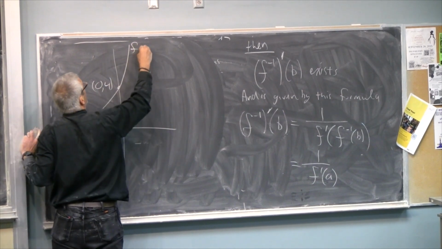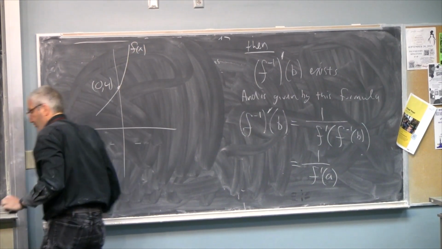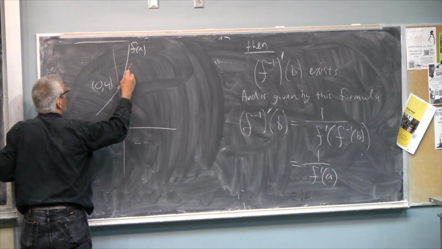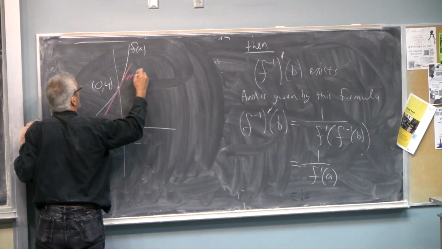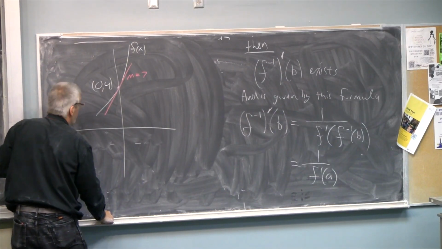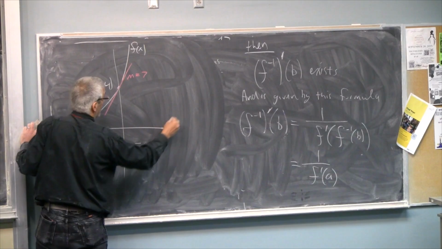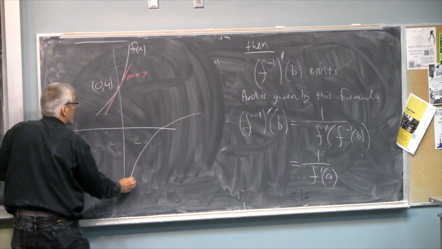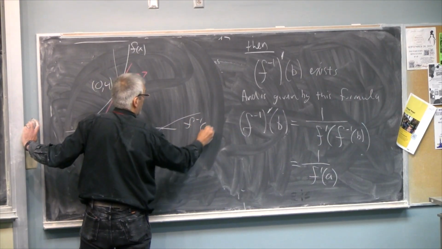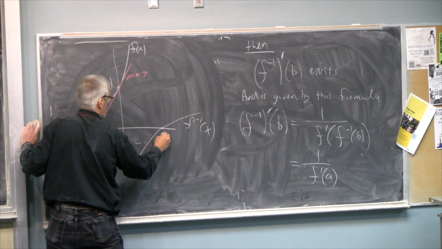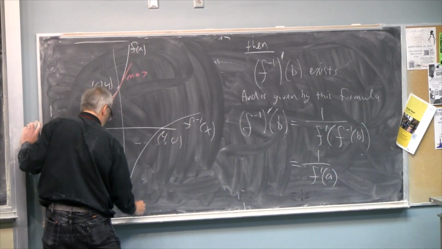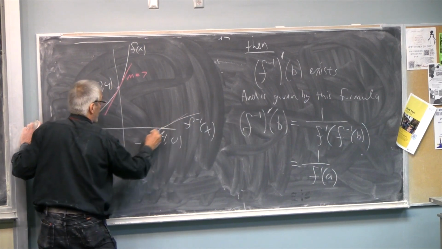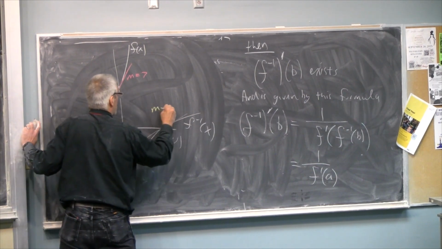So this is f of x. And the tangent line, when it goes through this point, has a slope of 7. And the inverse function goes through the point 4, 0. F inverse of 4 was the number 0. And we just found out that the line that's tangent to that graph at that point has slope m equals 1/7.